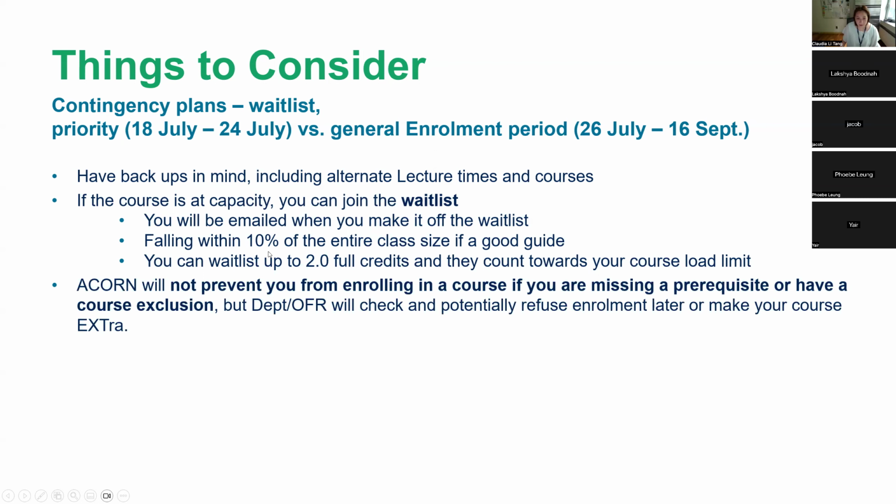The wait list also ends a few days before the last day to add and enroll in courses, and then it becomes a lottery. So again, I would say strategize, and make sure that you look up other courses as well.